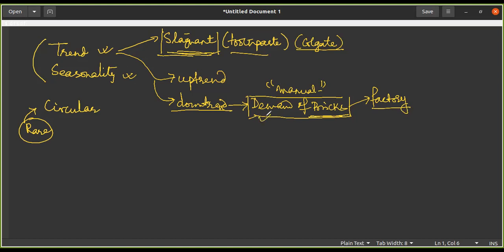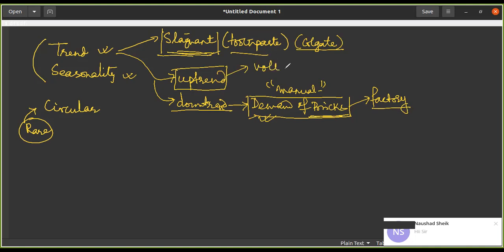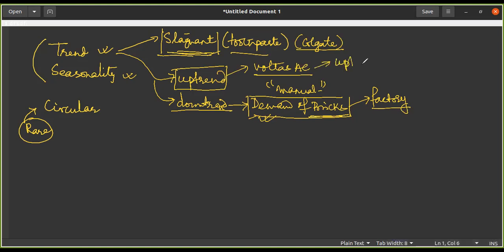But if you look at the kind of sales which this brick is going to do, or the example which we saw with Voltas AC, then we will clearly come to know that there will be an uptrend. So there is an upward direction in which the sales are going.